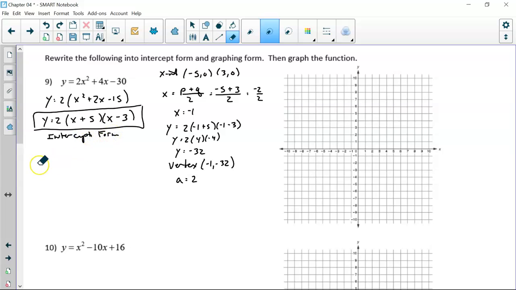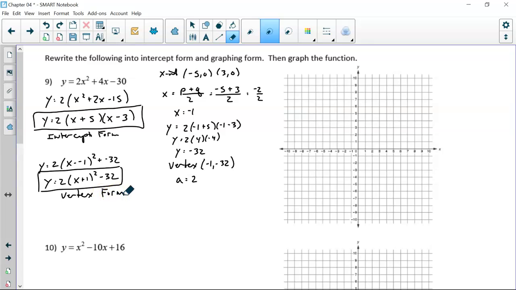And now vertex form, y equals a, which is 2, x minus negative 1 squared plus negative 32. So when we clean that up, y equals 2 times x plus 1 squared minus 32. So there's our vertex form, our graphing form.